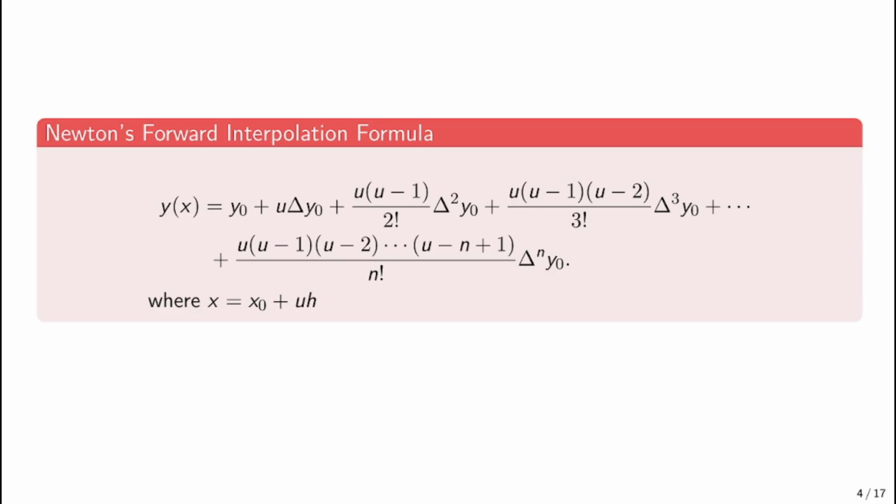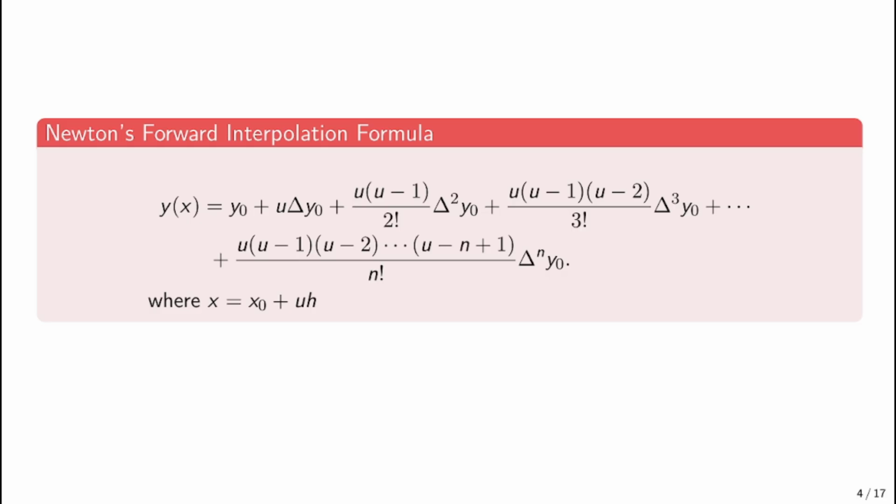To find the value of the function at x, we will be using y0 plus u delta y0 plus u times (u minus 1) by 2 factorial delta square y0 up to the nth order, where x is equal to x0 plus uh.